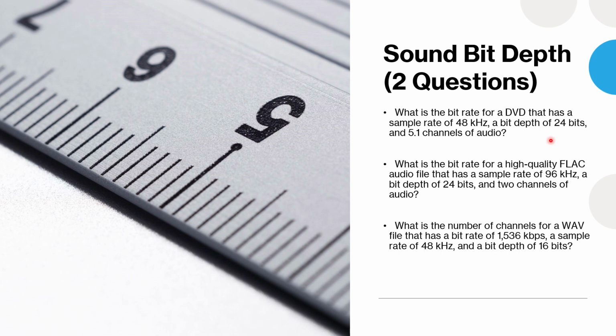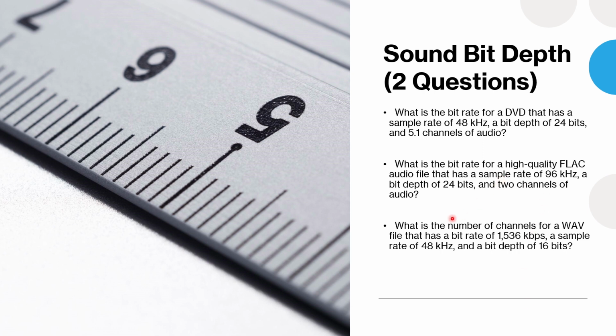So to calculate the bit rate, per the formula, we would have 48 times 24 times 5.1, which will give us 5,908.8 kilobits per second. So that is going to be the bit rate for this particular DVD.